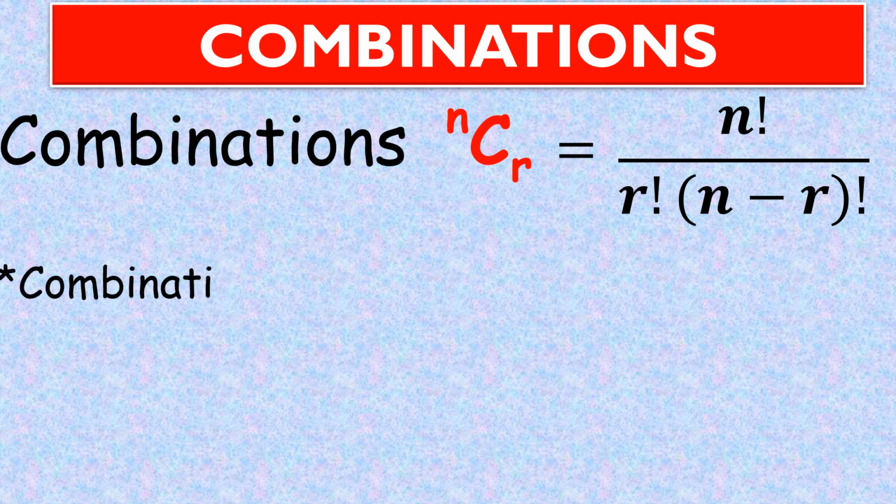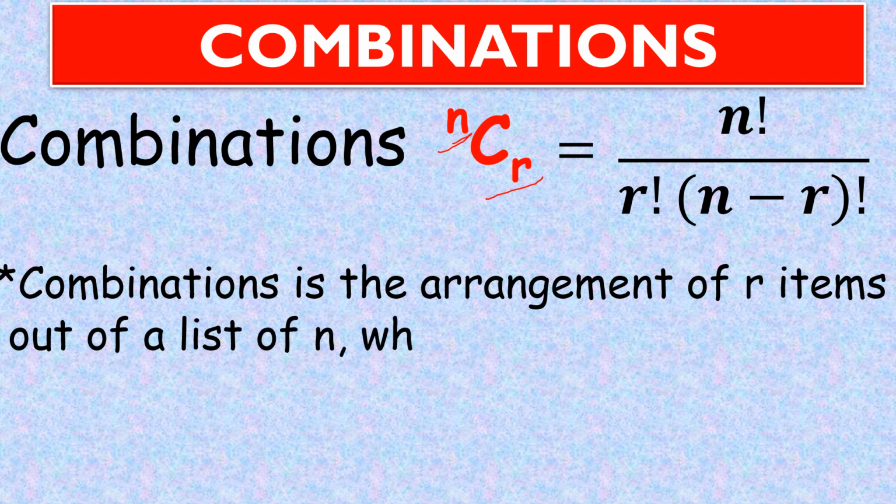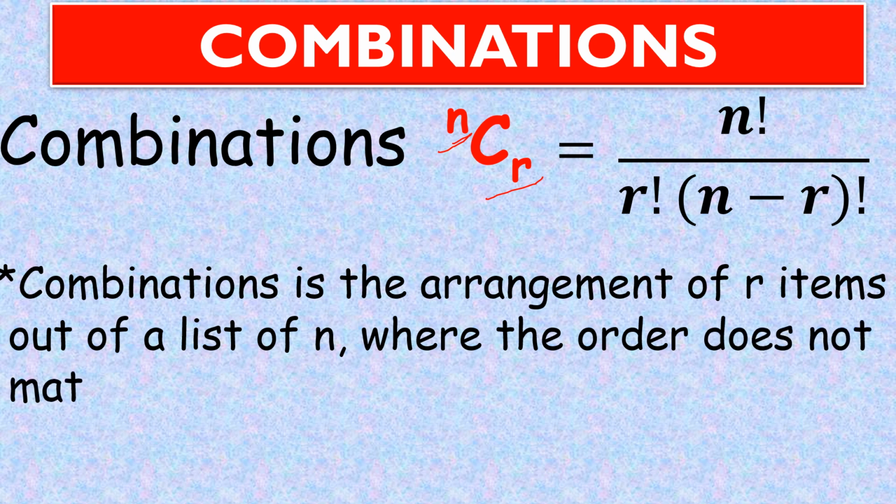Now, what's the definition of combination? Combination is simply the arrangement of r items, like we can see here, r items, out of a list of n where the order does not matter. In this particular case, the order does not matter.